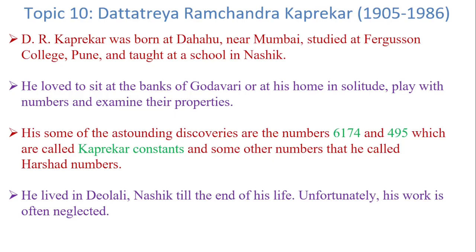He loved to sit at the banks of Godavari or at his home in solitude and play with numbers and examine their properties. So he is, so to say, a recreational mathematician, as he is often called.